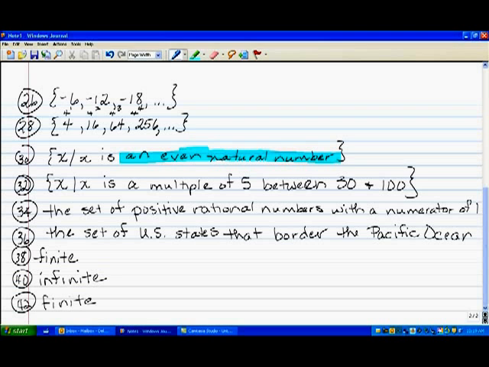44, x such that x is a rational number between 0 and 1. Okay, and if we think about this, 0 and 1. 1/2 is between them. 1/4 is between those two. 1/8. 1/16. 1/32. 1/64. 1/128th, and so forth.